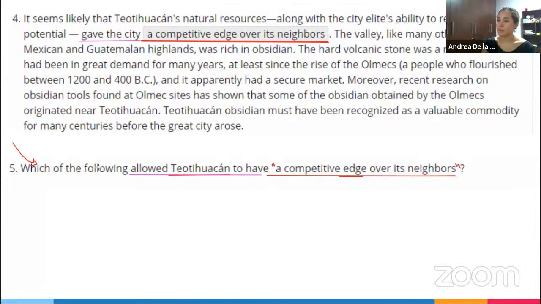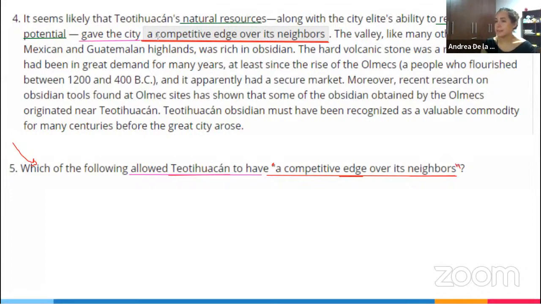It is exactly the same. So what allowed the city to have a competitive edge? You already have the answer. It was, according to the text, their natural resources along with the city elite's ability to recognize their potential, right? It was the resources and recognizing their potential. That is what gave the city this advantage over its neighbors, right?